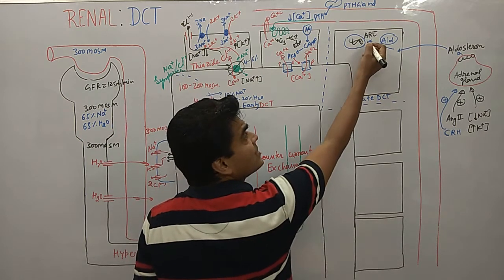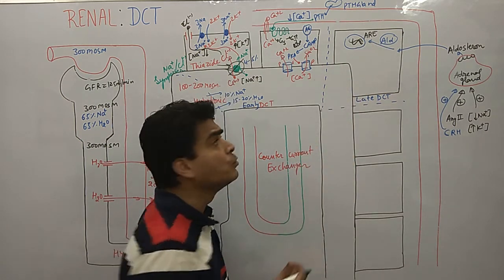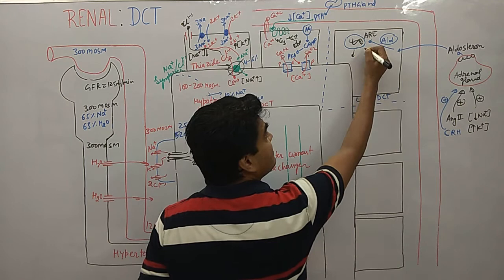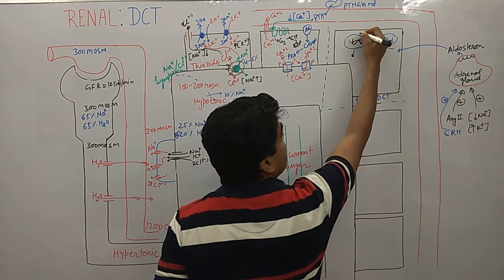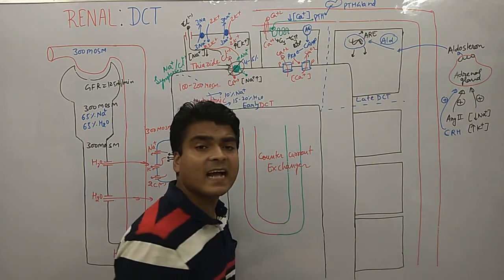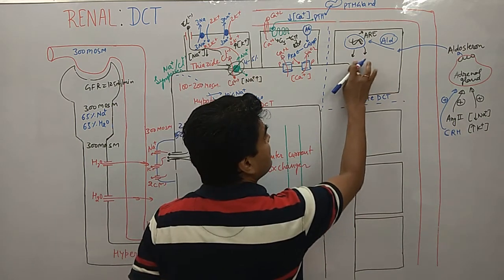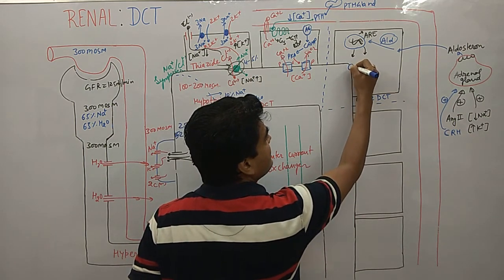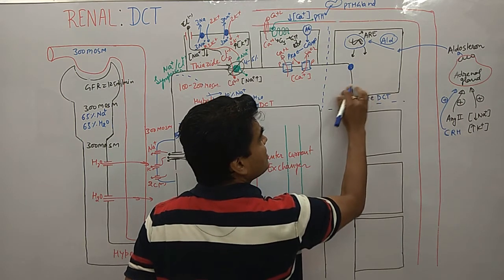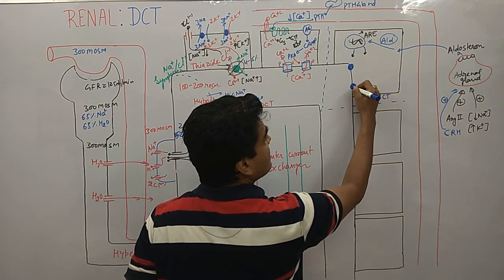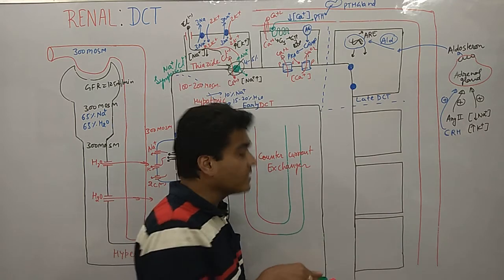Now what does the aldosterone responsive element do? It activates 3 kinds of proteins. These are specific proteins, basically various transporters.